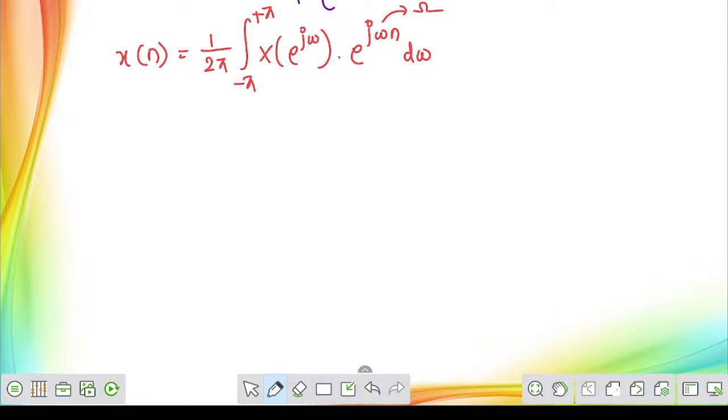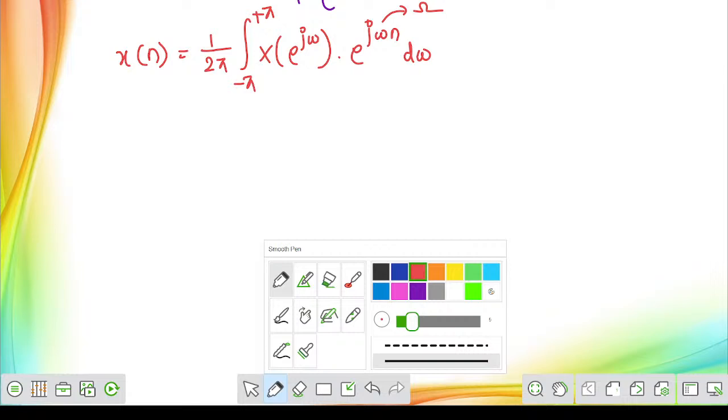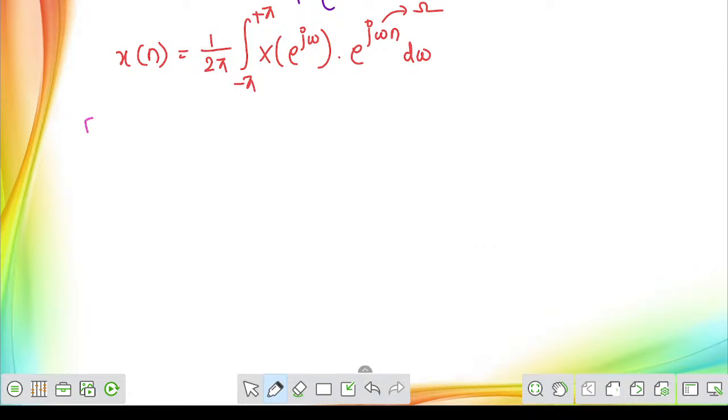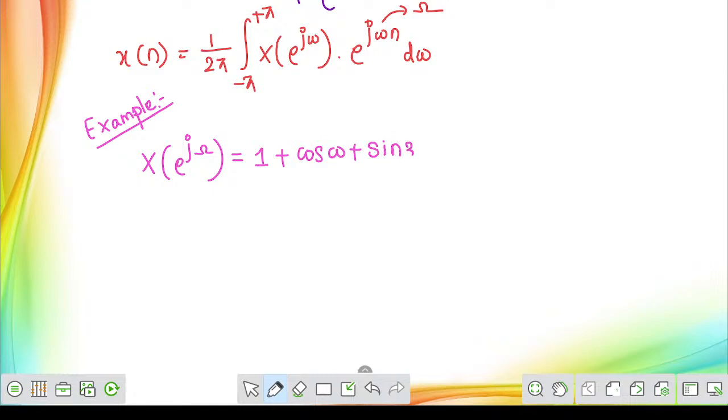Let me tell you with an example. Suppose in the frequency domain, let us assume in the question it is given that X of e power j omega is defined as 1 plus cos omega plus sin 3 omega.